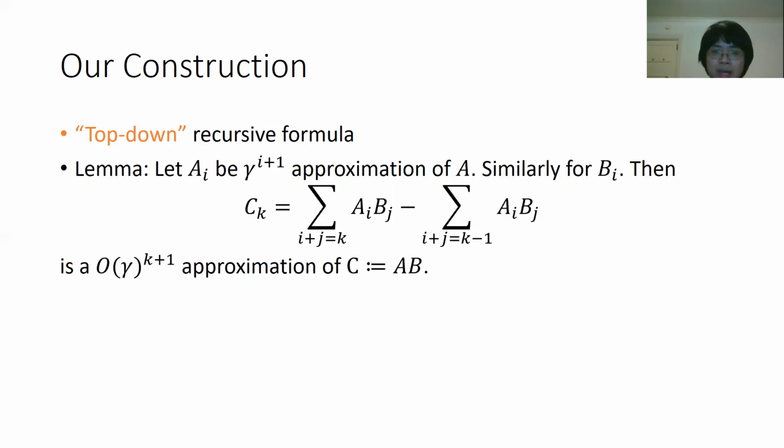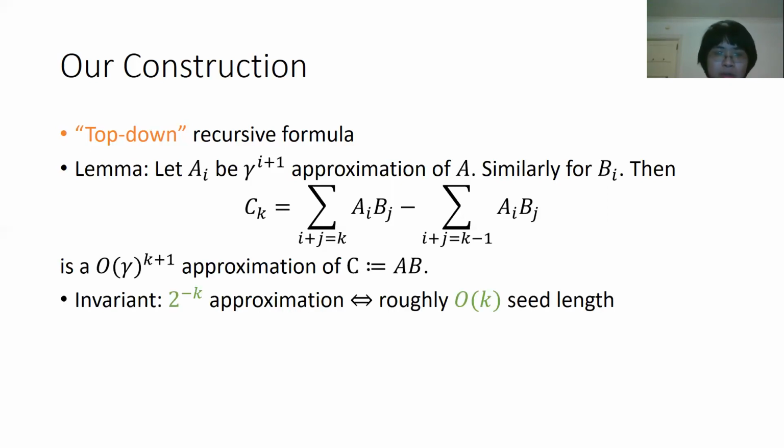Now suppose AI is a gamma to the I+1 approximation of A, and similarly for BI, then we will compute a good approximation of AB using this recursive formula. Note that this recursive formula also has a negative sign inside, which makes our generator a pseudodistribution.